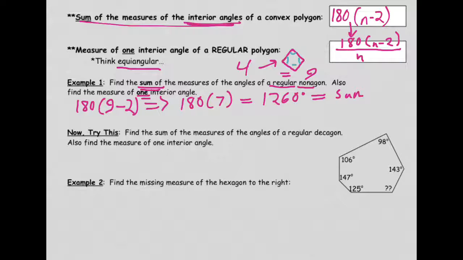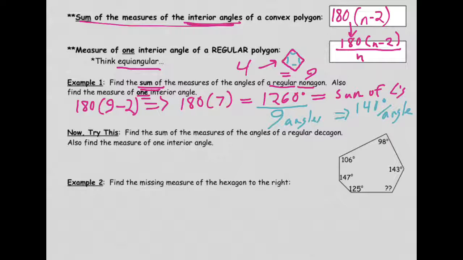So how would we find one of these angles if it's a 9-sided figure? We're going to divide the sum by 9, and we'll get what each one is. So 1260 divided by 9 is going to equal 140 degrees per angle. 140 degrees per angle.